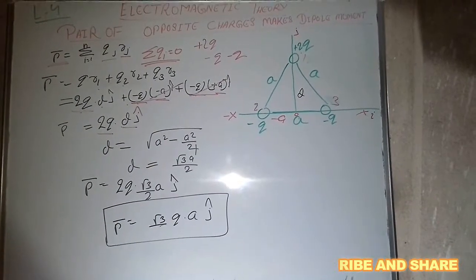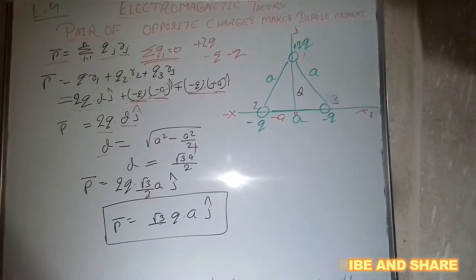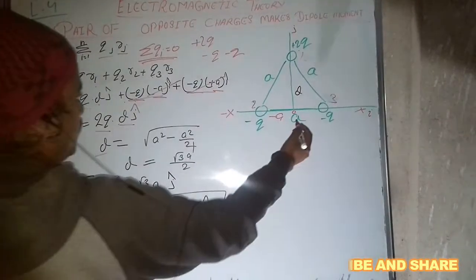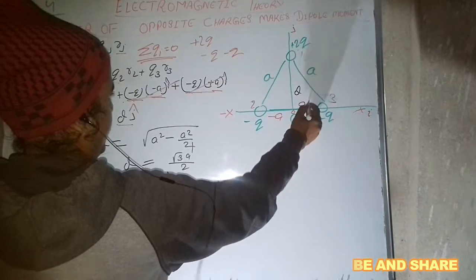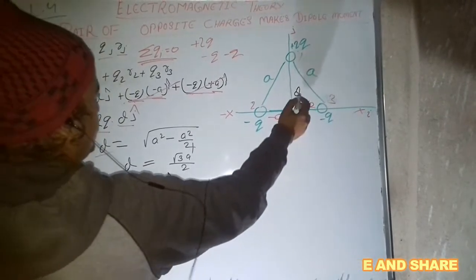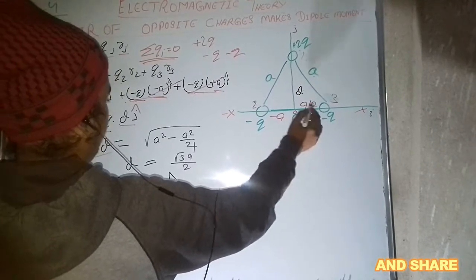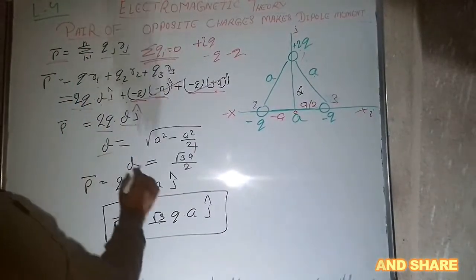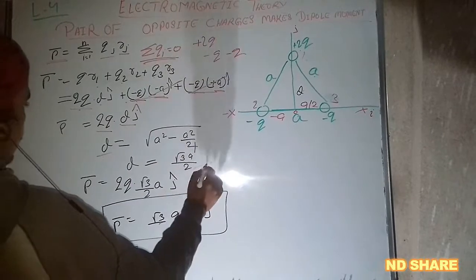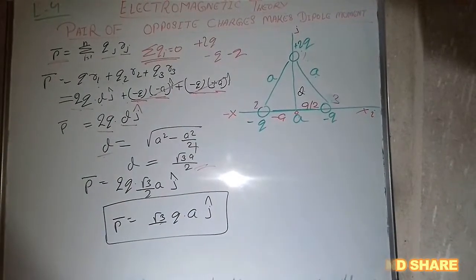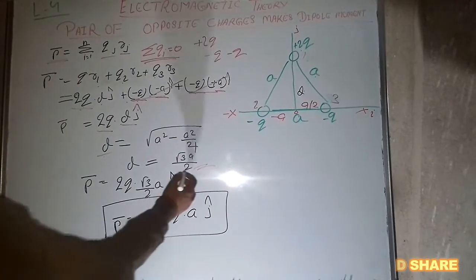We have to find d using the Pythagoras theorem. This one is a by 2. It means a square is equal to d square plus a square by 4. It means d equals root 3 by 2 a. This is the d, so we have to put this into this.